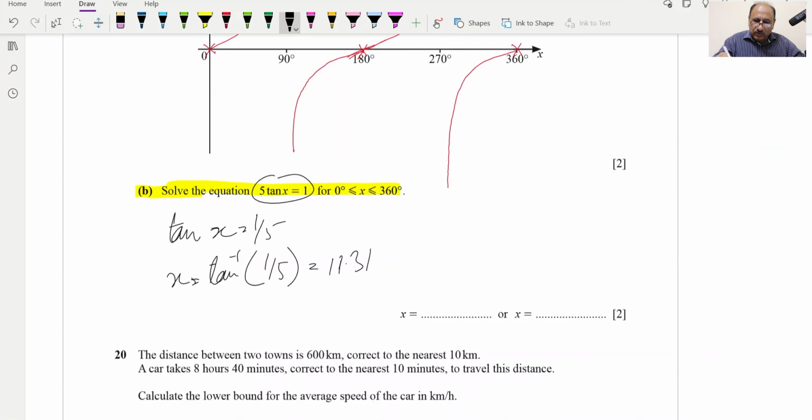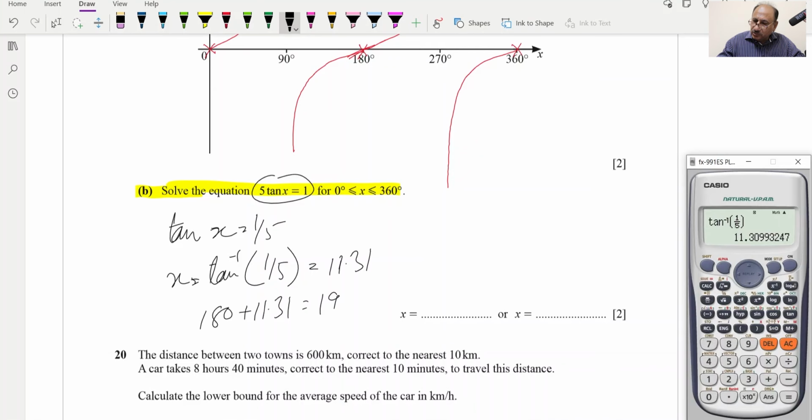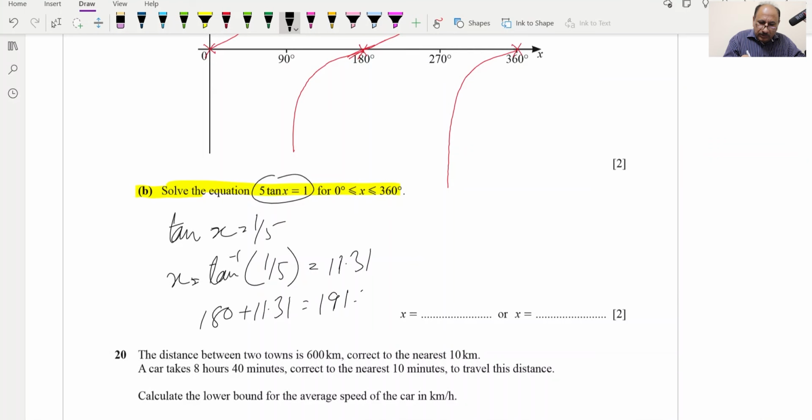11.31, and tan is repeating after 180. So 180 plus 11.31 will be equal to what? We can add plus 180, which is equal to 191.31.